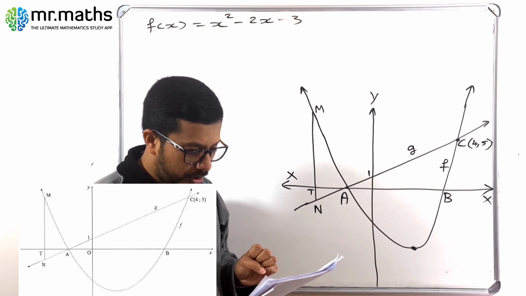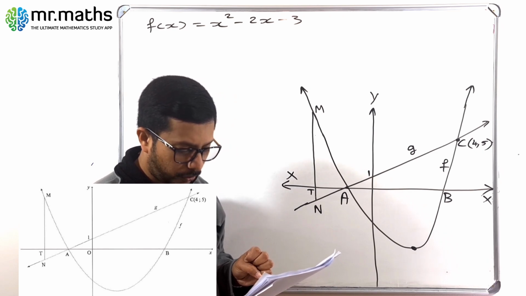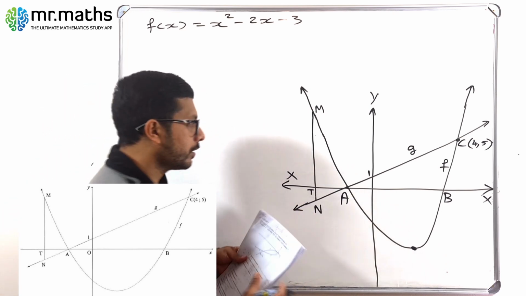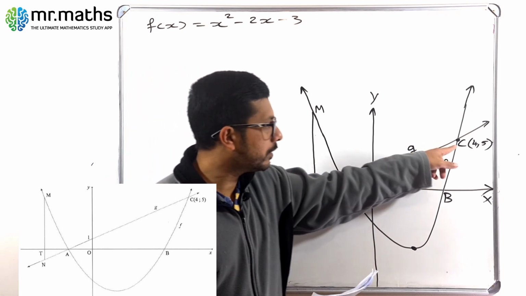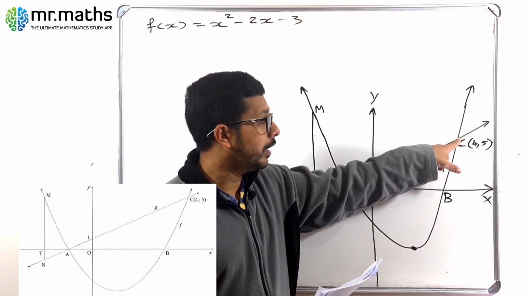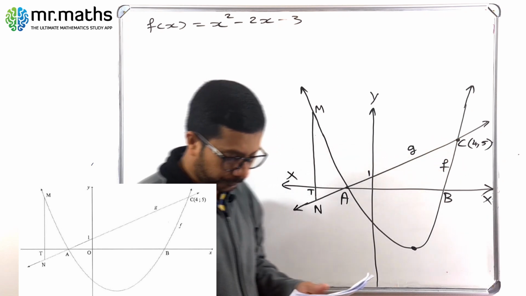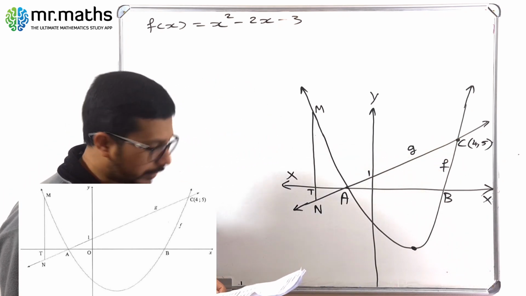A straight line g through A cuts f at C (4, 5). So there is another straight line, you can see it going like this, and that straight line cuts this f(x) graph at this point C (4, 5). And the y-axis at (0, 1).